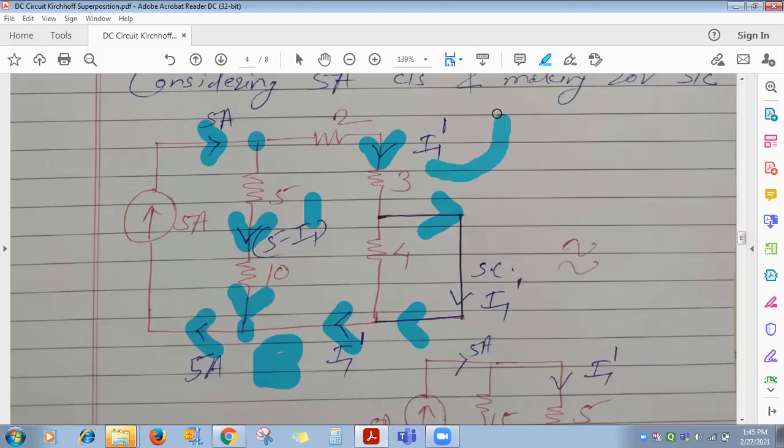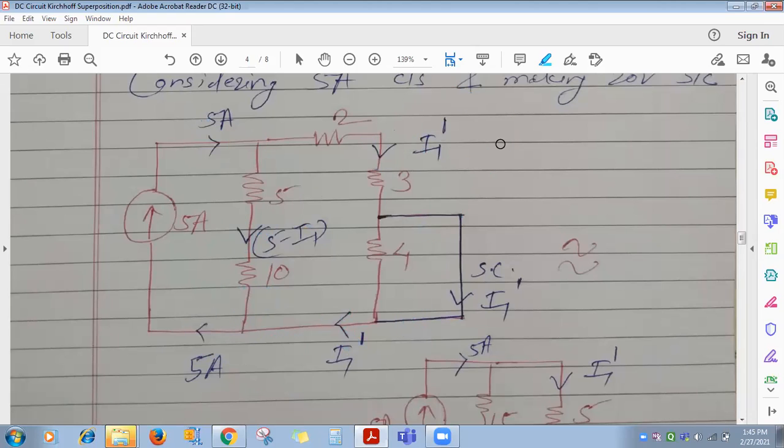So how to find I1 dash? 3 I1 dash equals 5 minus I1 dash into 15. Listen, everyone, in your notebook make this 5 minus I1 dash. By mistake I have done this. We will apply KVL now.